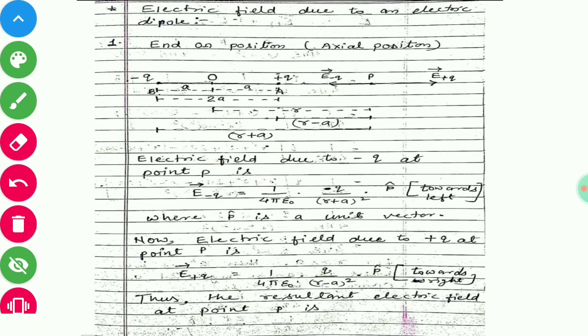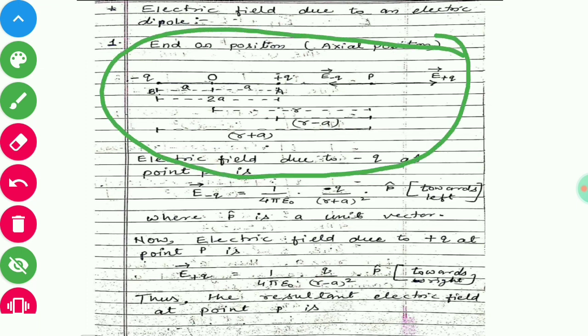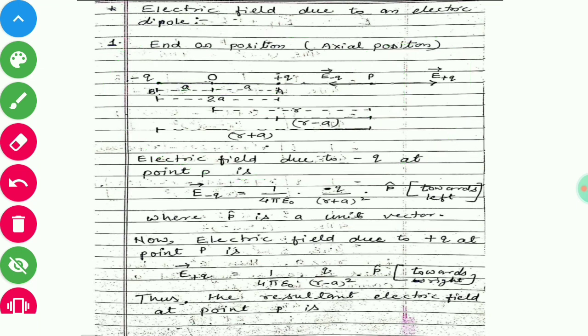Now, see the diagram. Here, an electric dipole is there, from B to A. Here the negative and positive charges are there, minus Q and plus Q. And we have to determine the electric field at point P. Do you understand what I am saying?